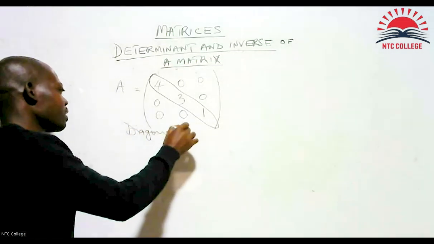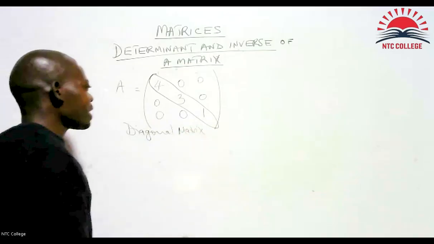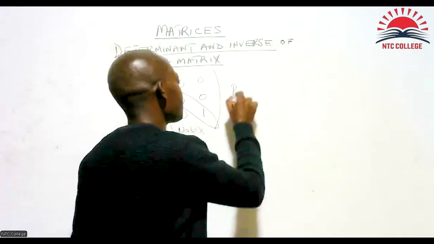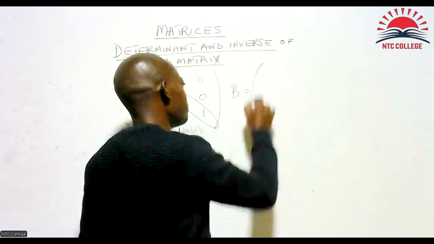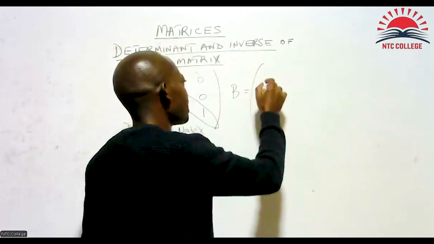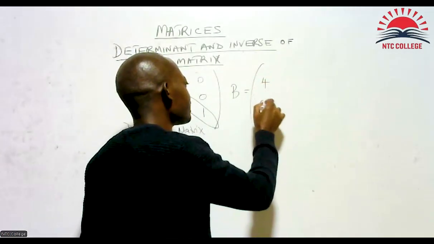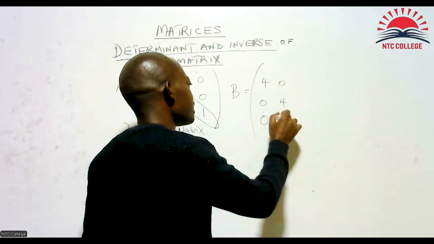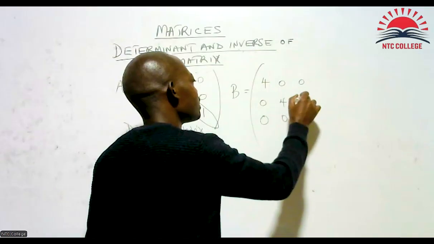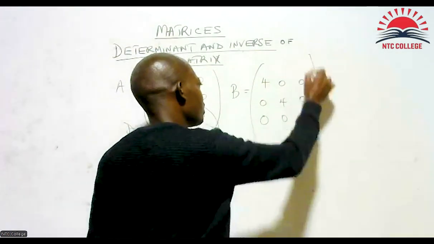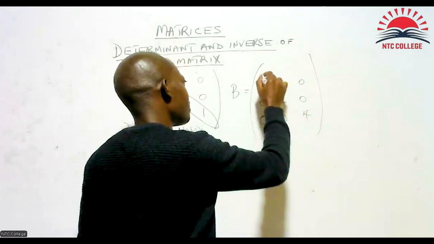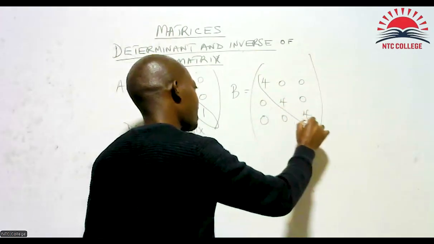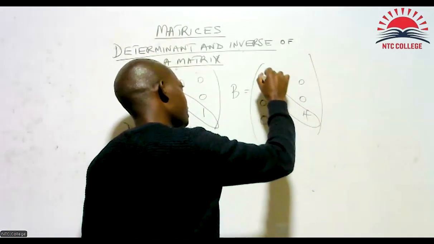Matrix B, being the scalar matrix, may now have the following: 4, 0, 0, 0, 4, 0, 0, 0, 4. Just as an example, this becomes the scalar matrix.